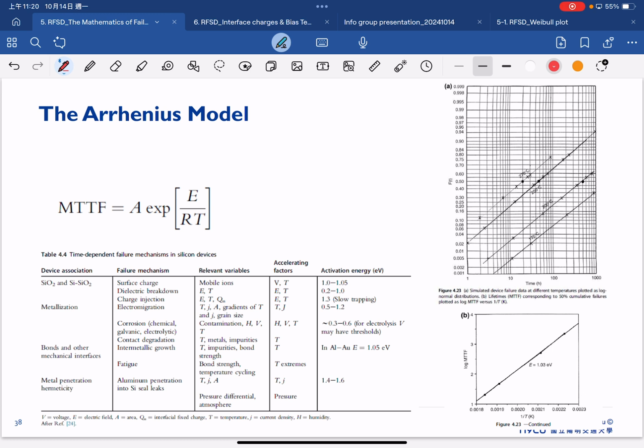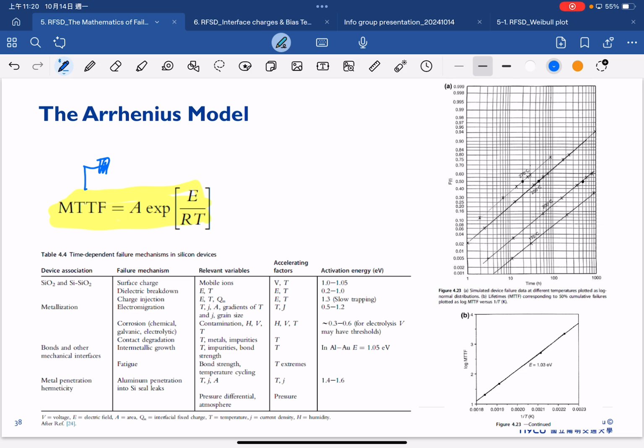This is a typical Arrhenius equation that we have already described before, and the TTF is one of the target parameters, but it can be replaced with any one we are interested in.